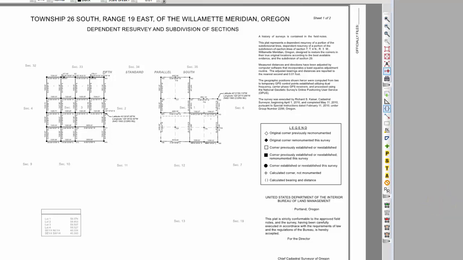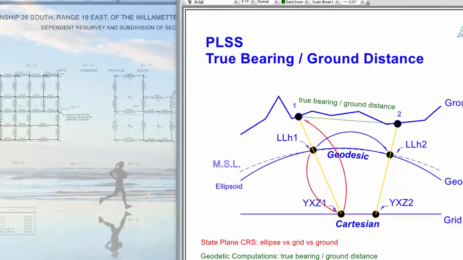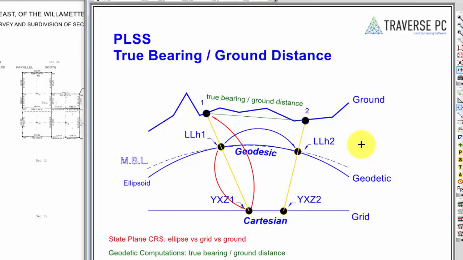So let's come over to our drawing that we used earlier, and let's just talk about this a minute. So what happens in geodetic surveys like this is that I've drawn two colors here, state plane discussion in red and this geodetic discussion in green here. Let's talk about the state plane here first.